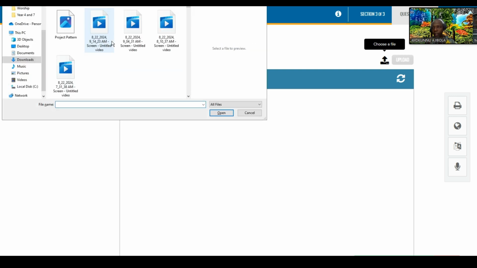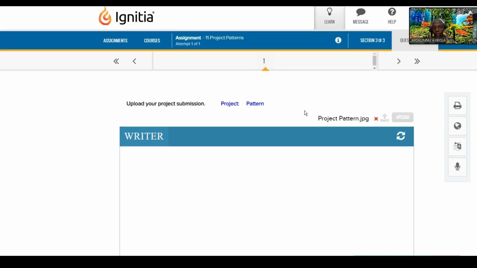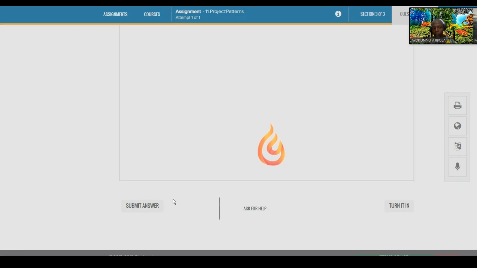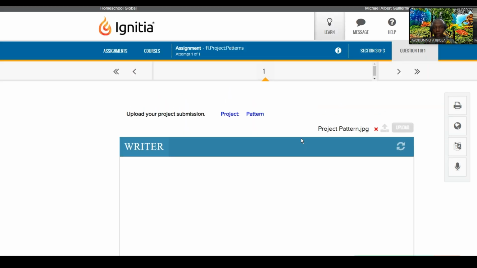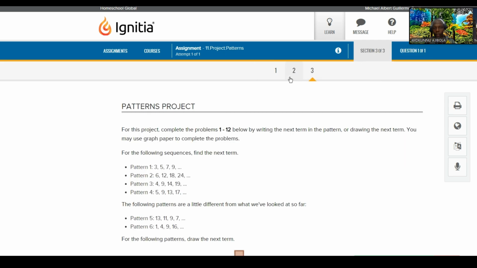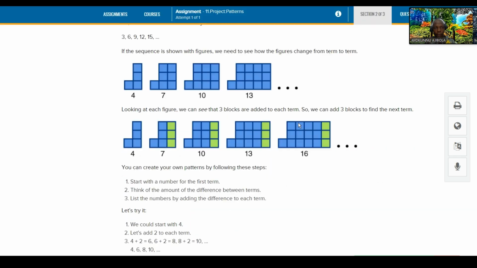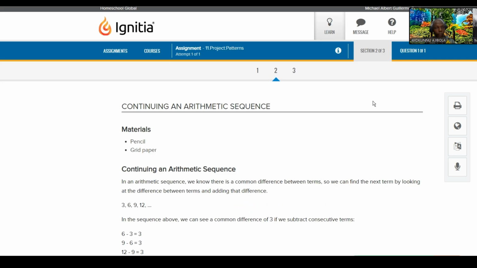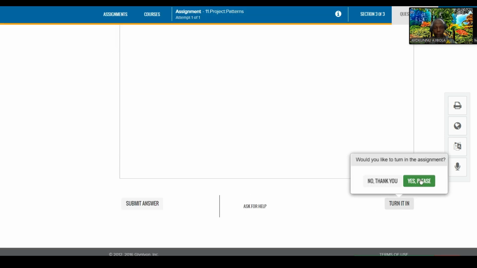The file is saved already as project pattern. Can you see now that I'm uploading it? Upload is complete, okay? Then let's turn it in. It says two sections on read. Let's check on read because we've read it before. So let's go back to the question and turn it on.